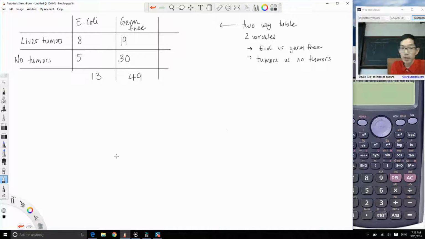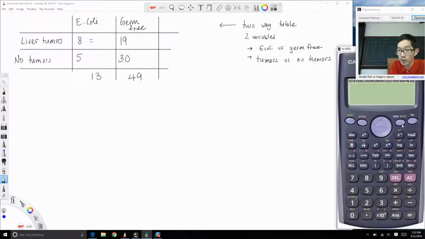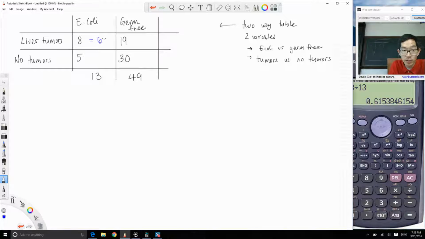Okay, so we can turn these into percentages, and we can say the relative percentage would be 8 divided by 13. So I would do 8 divided by 13, and I would get what? 61.5%, or I'll just round off to 62%, which means this would be 38%.